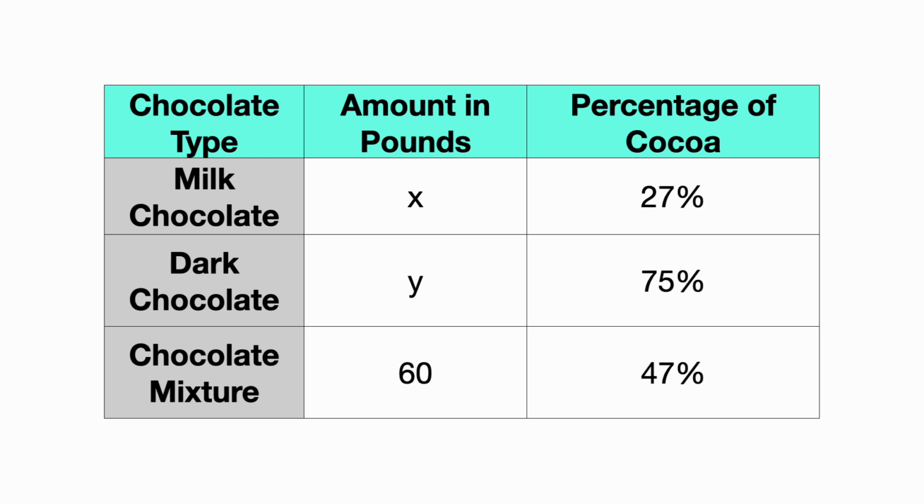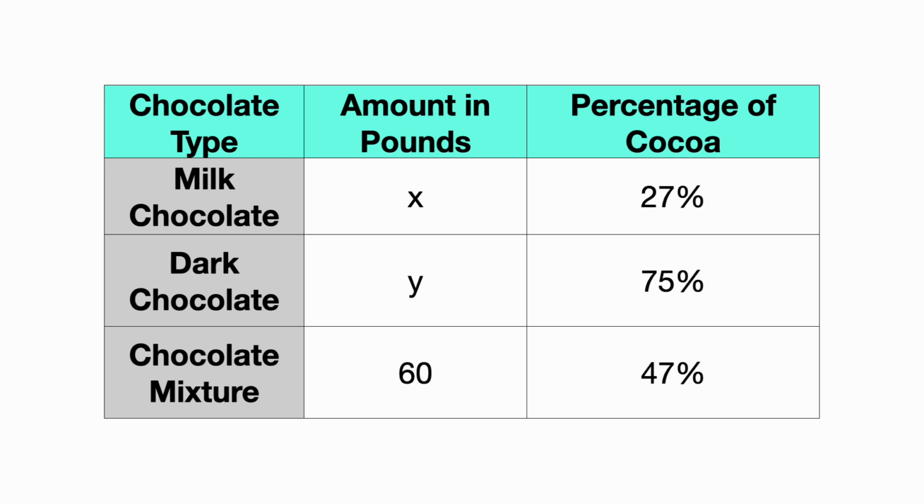Here we can make a table to represent this problem. We should make a table when we're trying to solve mixture word problems like this. This will help us in picturing the problem and seeing what we can do to solve it. The information that we have is chocolate type, amount in pounds, and percent of cocoa.